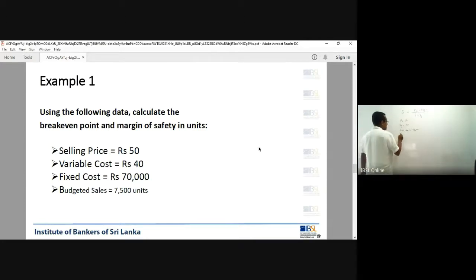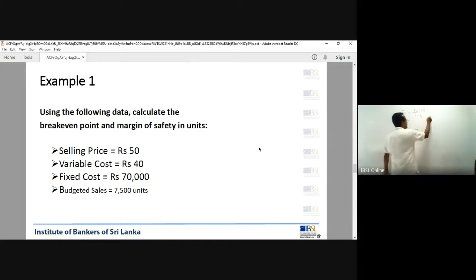But budgeted sales, Q budgeted, is equal to 7,500 units. Right. So we apply this formula to that.